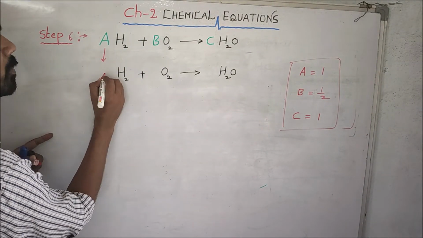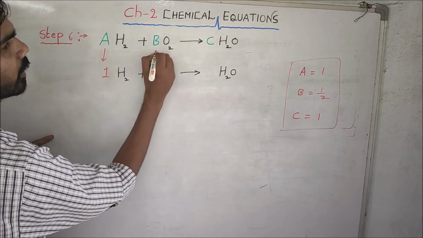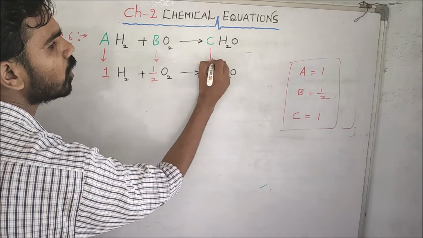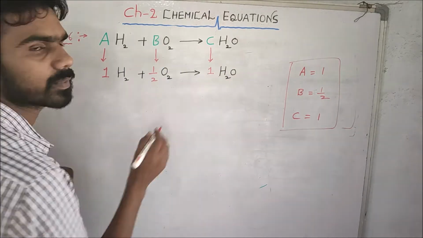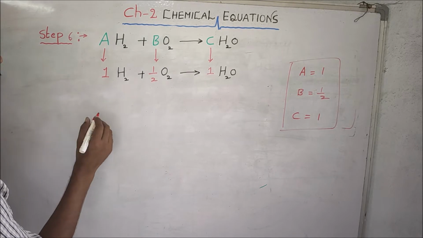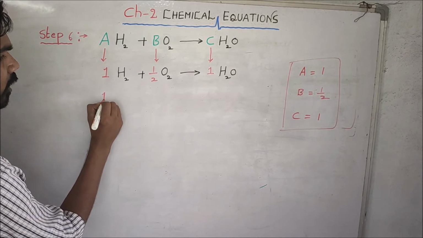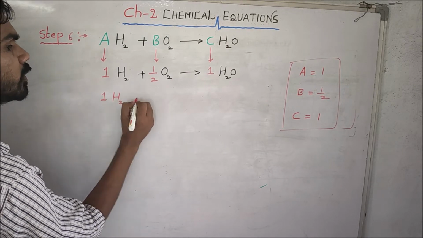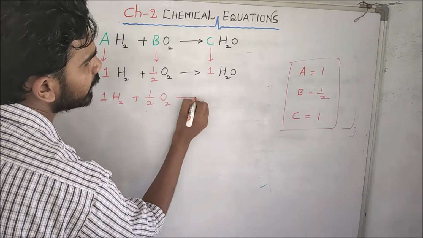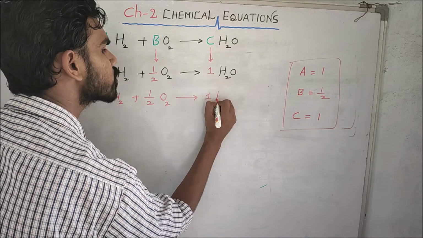Now A equals how much? We found 1. B equals how much? We found half. C equals how much? We found 1. This we already found from the last question. Now we got 1 H2 plus half O2 gives rise to 1 H2O.